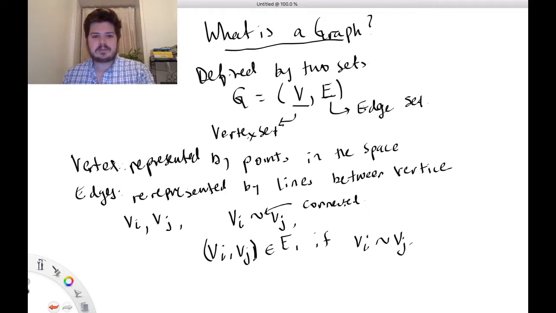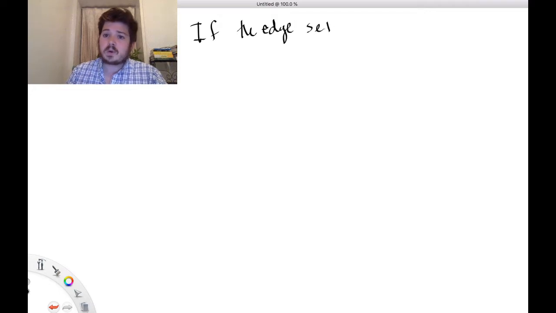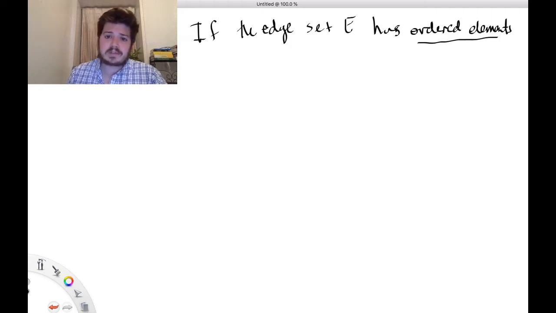So, for example, if the edge set has ordered elements, and what I mean by ordered elements, I mean Vi, Vj is different than Vj, Vi.